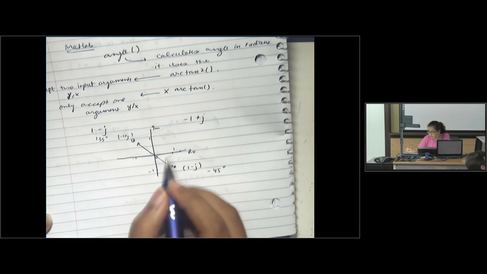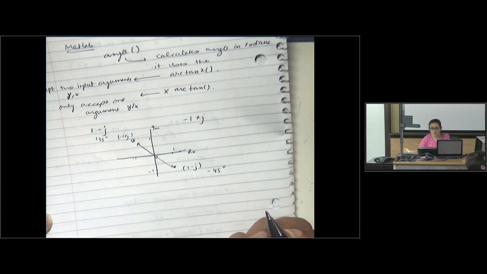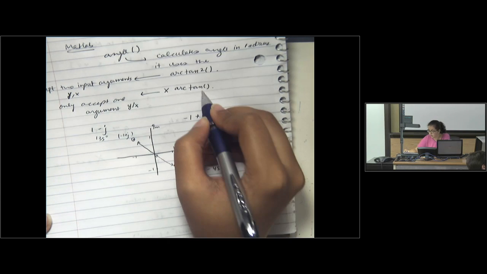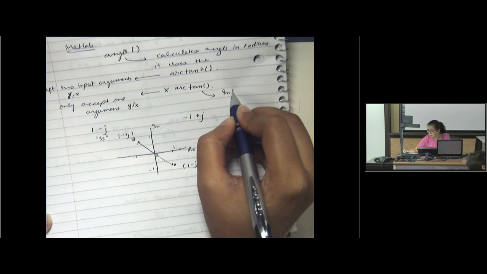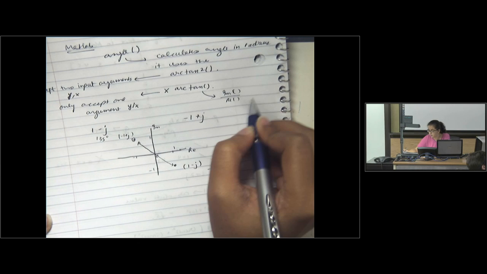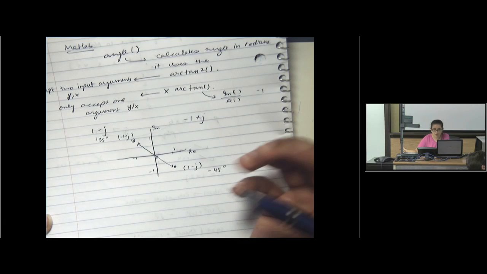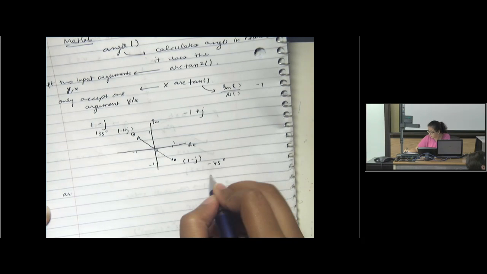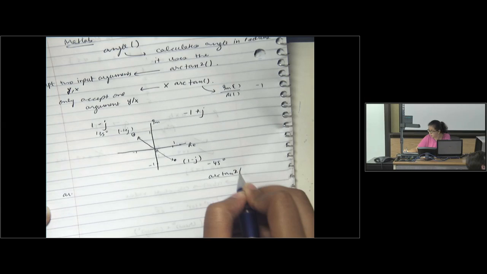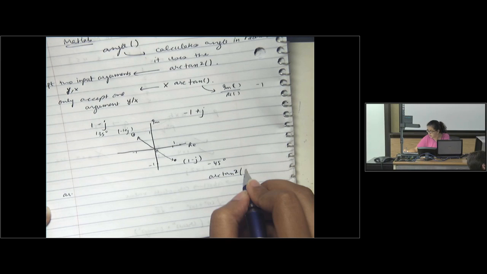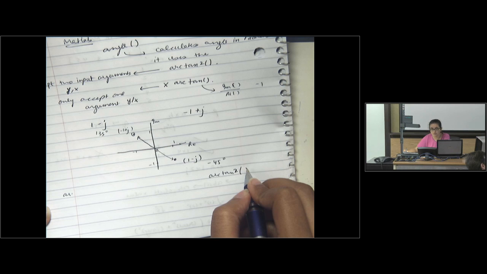But the ratio of y and x, the imaginary over the real part, is the same for both, and that's what arctan uses. Here the ratio is the same, minus 1, so it will give you the same angle for both of them, which is not the case, as you can see from the figure. So with arctan2, first you supply your y, the imaginary part, and then your x, the real part.